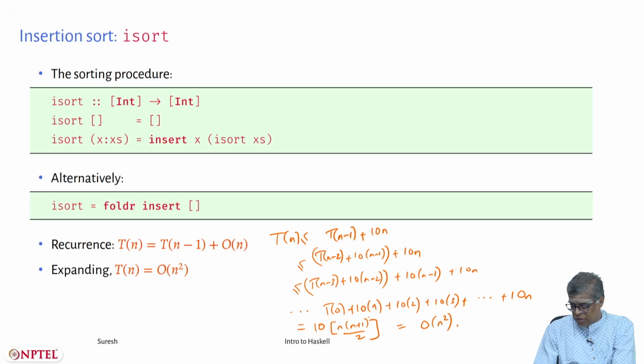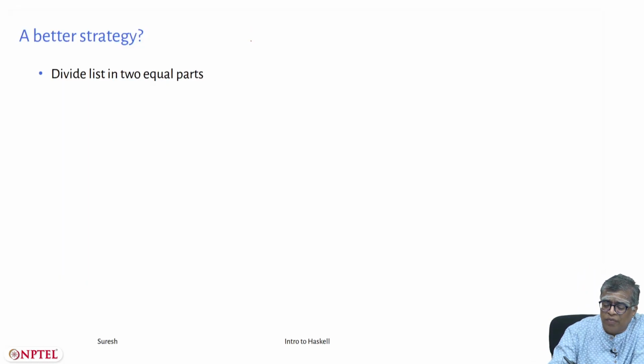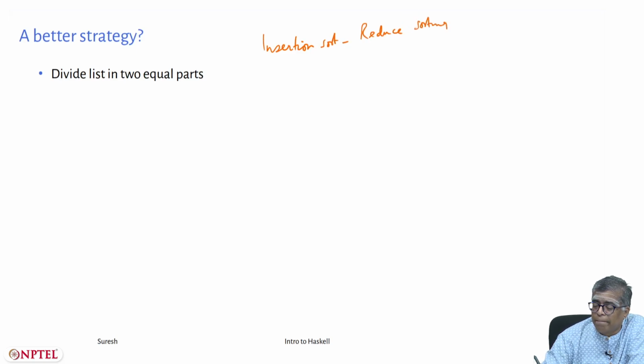Can we do better is the question. Yeah, so earlier in insertion sort we actually did it recursively. When we did the recursion, we divided the task into one smaller task: we reduced sorting to sorting xs and insert of x into sort xs.